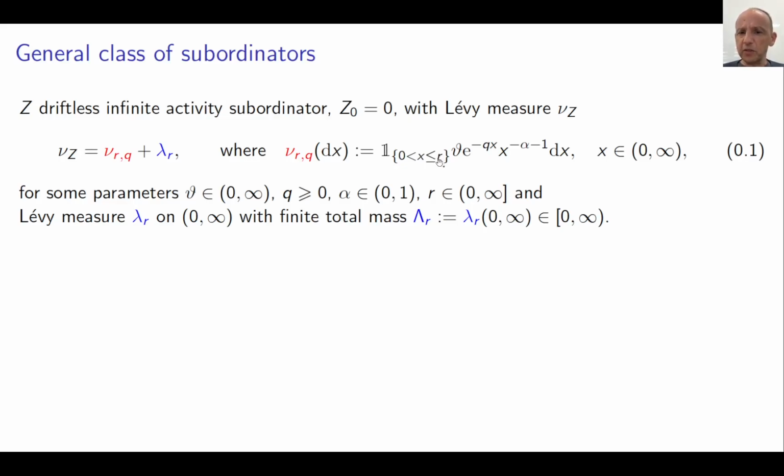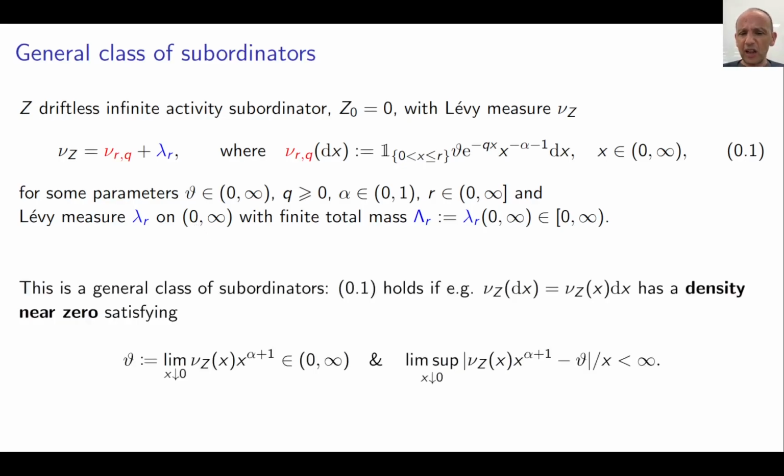It's always a positive, possibly very tiny number. The subordinator this corresponds to is going to be called Y in the next slide, and has jumps at most R. On the other hand, the compound Poisson process that corresponds to lambda R will have jumps of arbitrary size, including possibly very small.